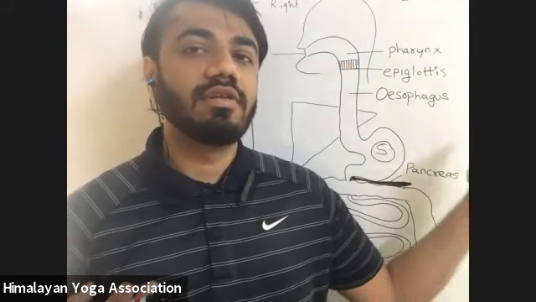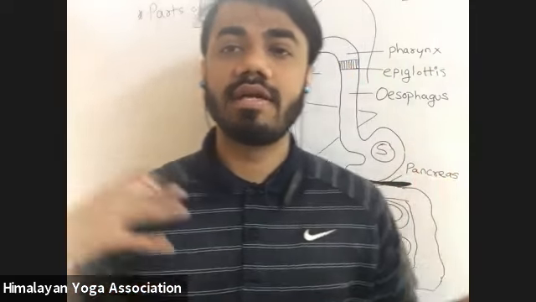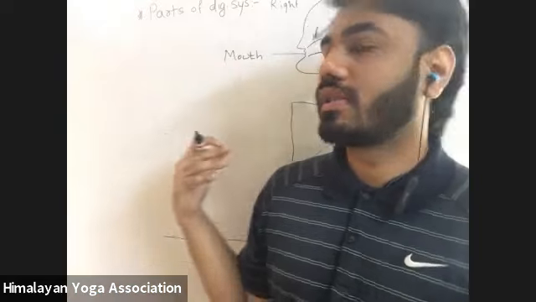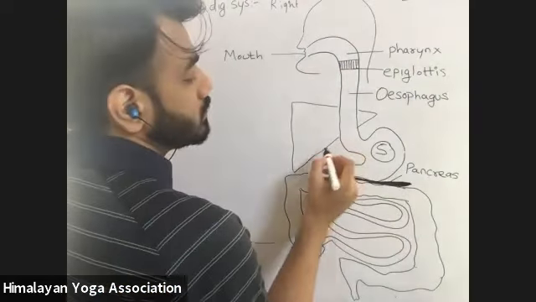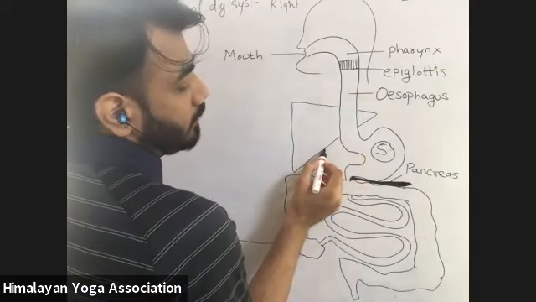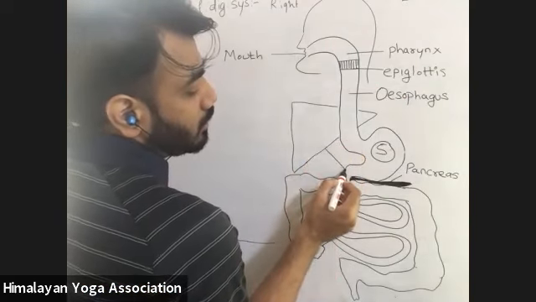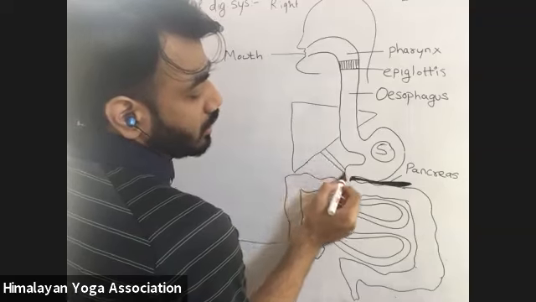On the left side you will see the stomach and pancreas, and on the right side you will see the liver, which you will draw. Here in the liver, you have one duct.